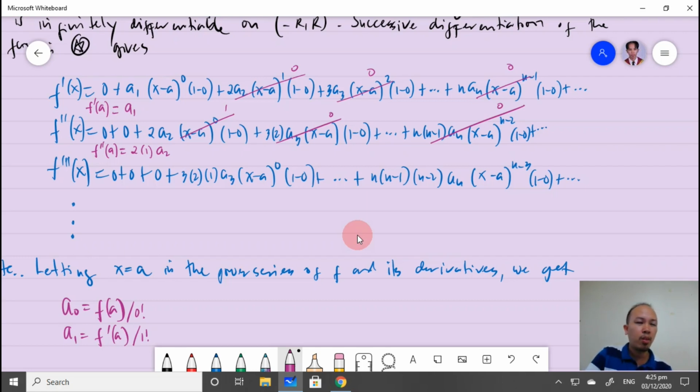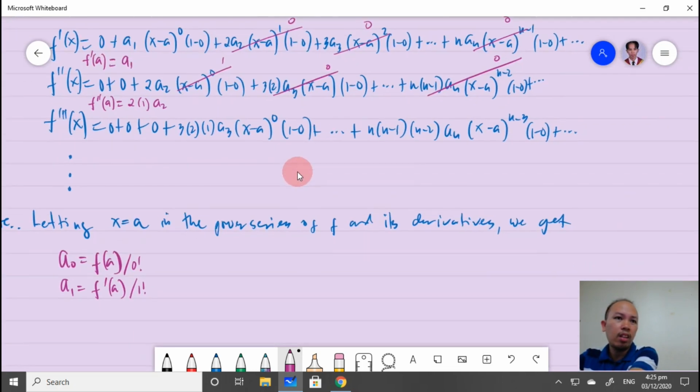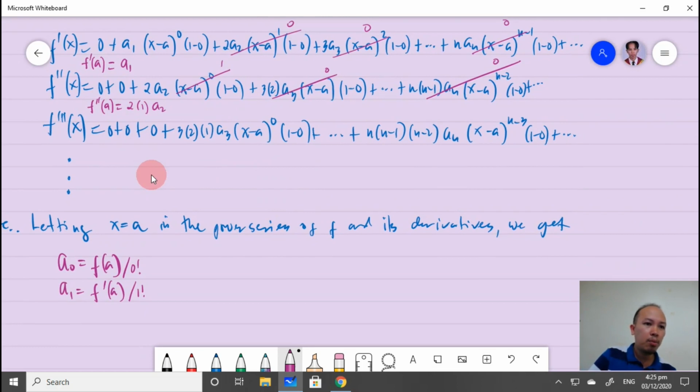So a sub 2 will become the second derivative evaluated at a over 2 factorial.